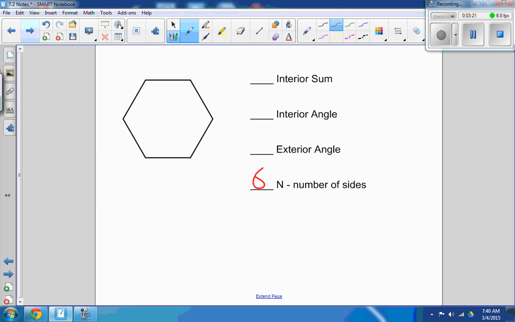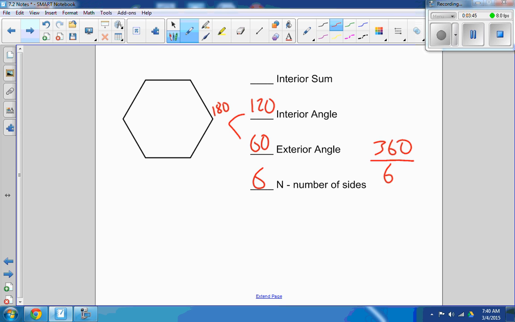So we can take that idea here to figure out the exterior angle. We take 360 divided by the number of sides, which is 6, and that gets us the exterior angle of 60. Now we know these two add up to 180. So the interior angle has to be 120.